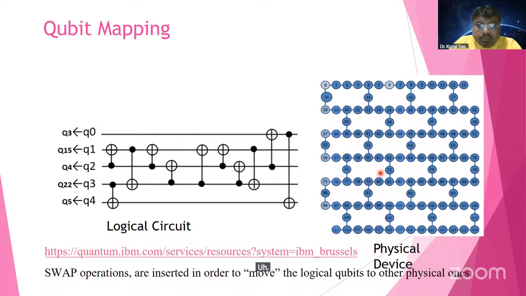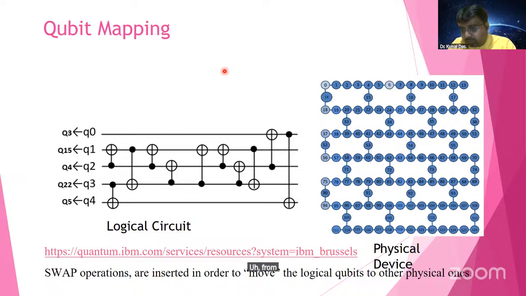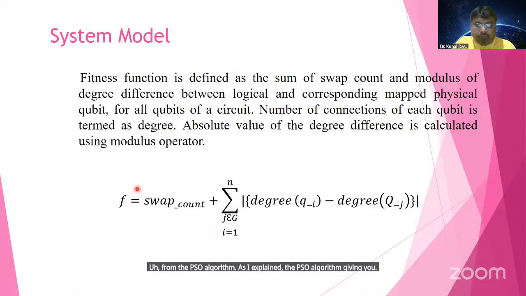Yeah, that is totally a classical PSO based algorithm, which we have before creating the transpiled circuit. So before the transpiled circuit is generated, I get the optimization from the PSO algorithm. As I explained, the PSO algorithm gives you the fitness value.